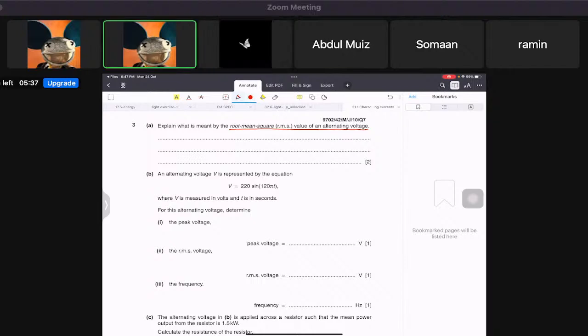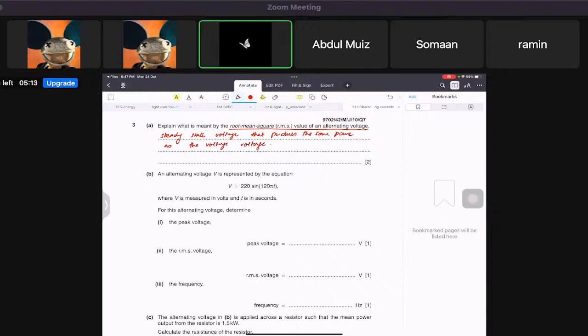Yes, so it is the steady state voltage, or current, that produces the same power as the alternating voltage. Okay, so first I should write DC, right? Steady state DC voltage, you can write that, it's fine.